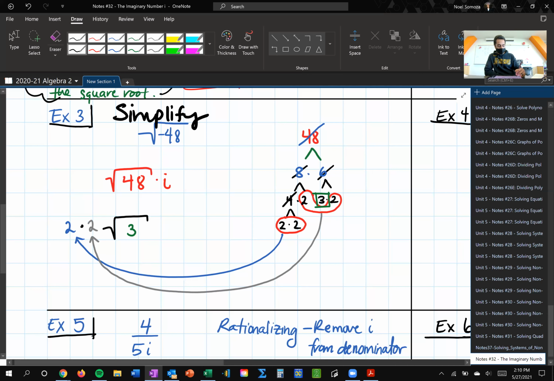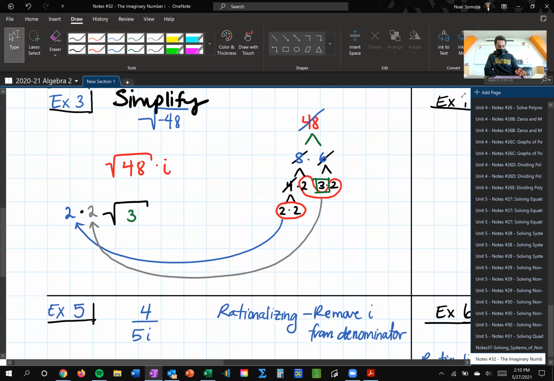And then we would multiply these together on the outside. Don't forget your i. So what does this really become? Well, 2 times 2 on the outside, because there's 2 separate pairs, that's 4 times root 3 times i.